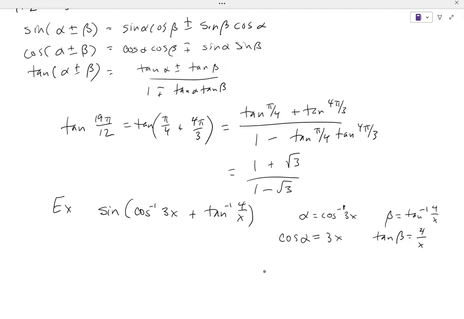And then we use triangles again, right? So we had cosine would be adjacent over hypotenuse. Tangent is opposite over adjacent. So in the first triangle, do 3x and 1 for the sides we can label. And for the second one, 4 and x for the sides we can label.